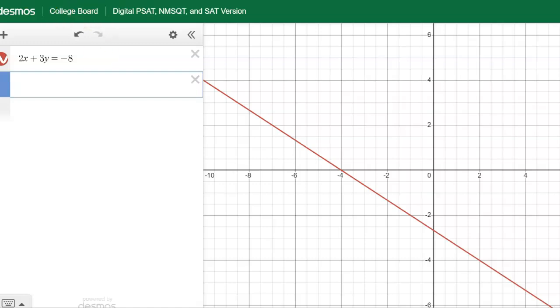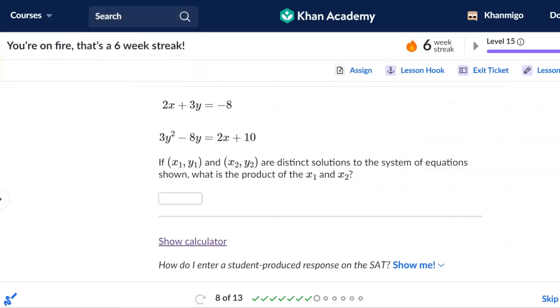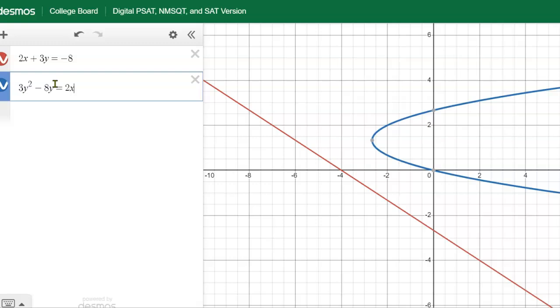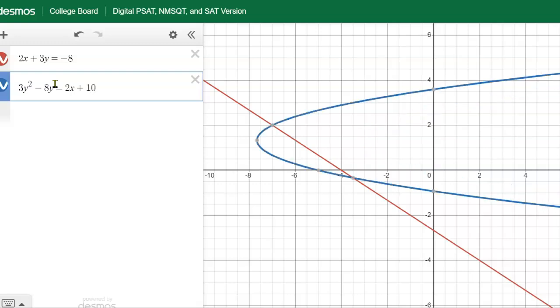Equation 2 was a parabola. 3y squared minus 8y equals 2x plus 10.